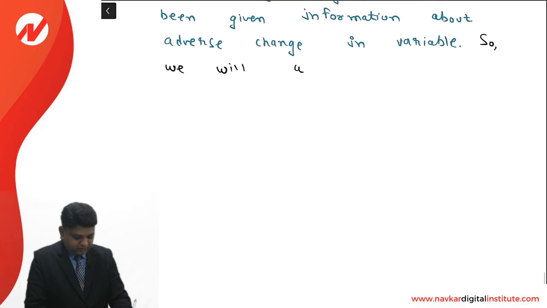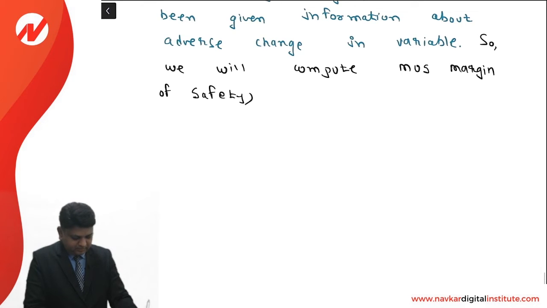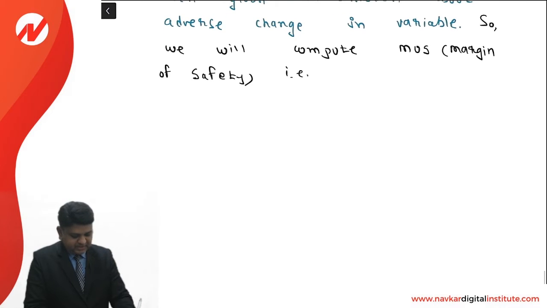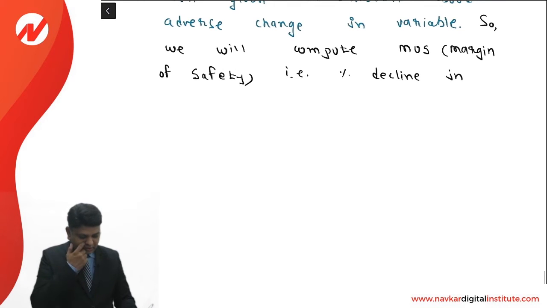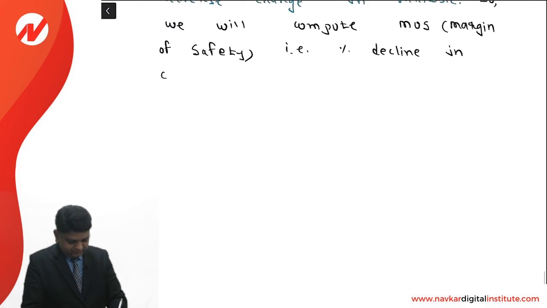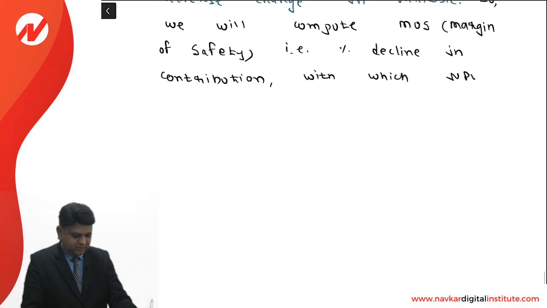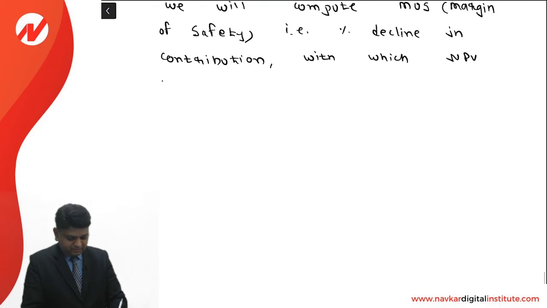So we will compute MOS, margin of safety, that is percentage decline in contribution, with which NPV will fall down to 0.